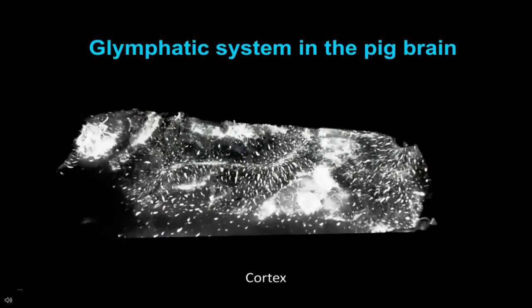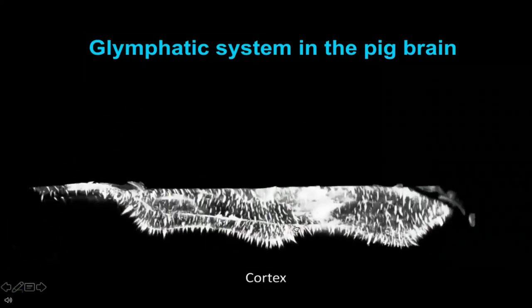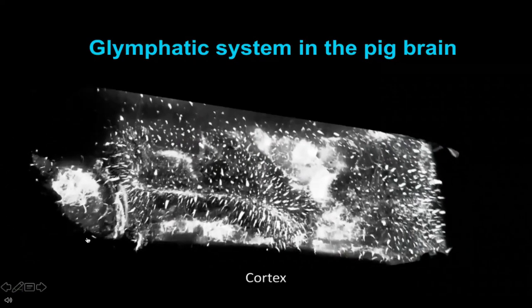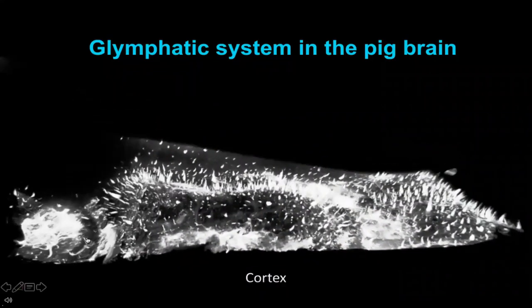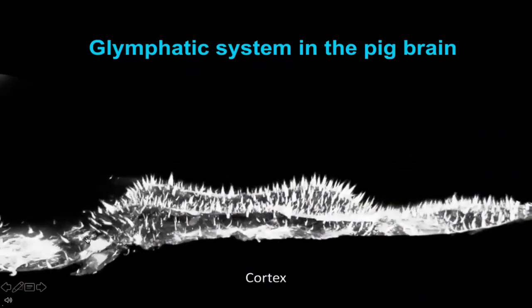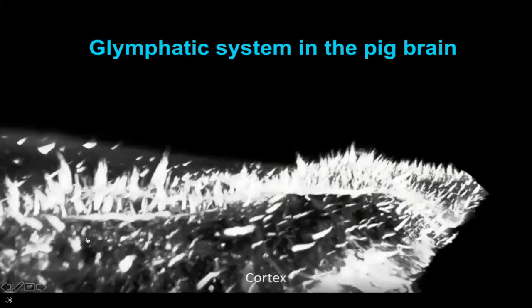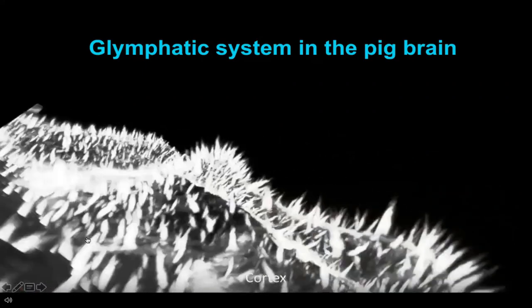Then we did some light sheet microscopy. Now we have the surface of the brain. Then we're looking at the inside of the brain, and this is just the very lowest magnification that we can actually use. So what you see here is this very robust and highly regular pattern of CSF influx here in white, just moving into the brain.